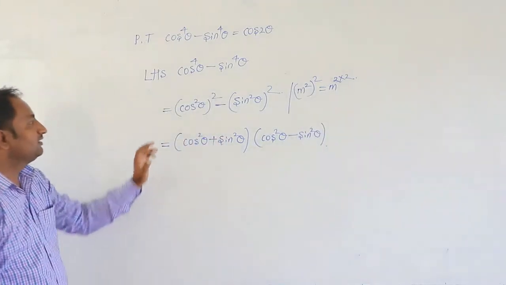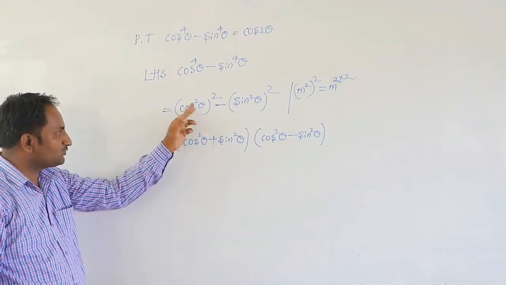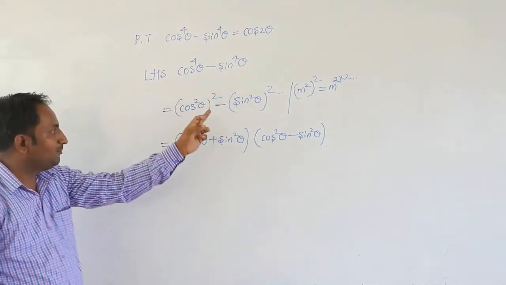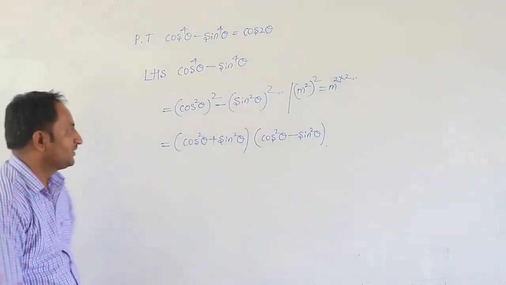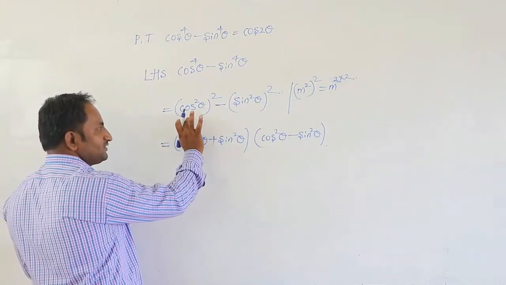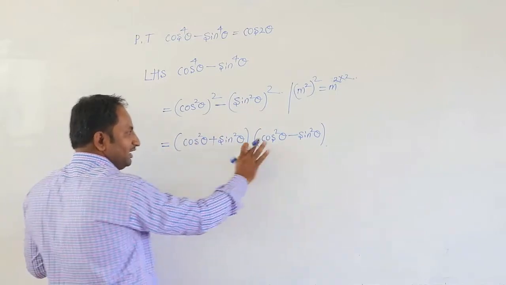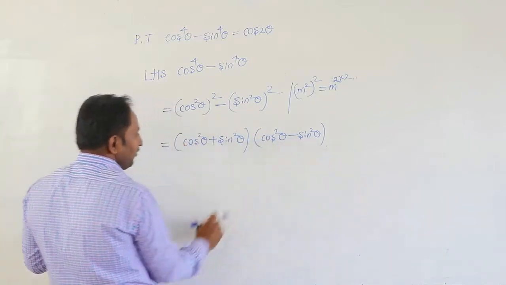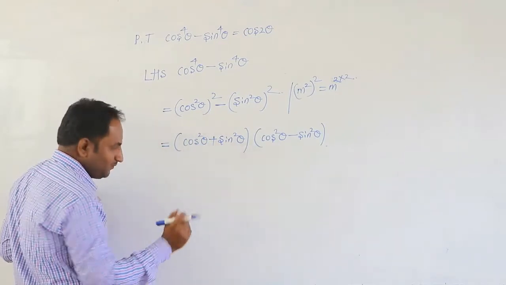That's why cos raised to 4 theta is written as cos square theta whole square minus sin raised to 4 theta as sin square theta whole square. Then it comes under a square minus b square, whose formula is a plus b into a minus b. We know that cos square theta plus sin square theta value is 1.